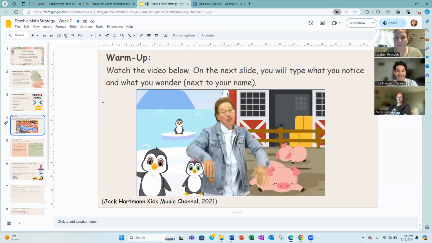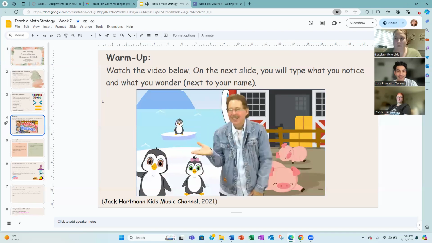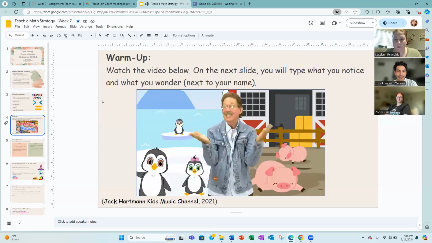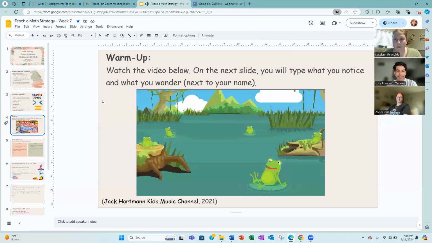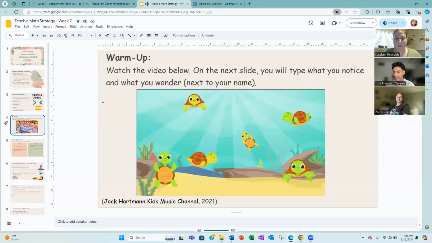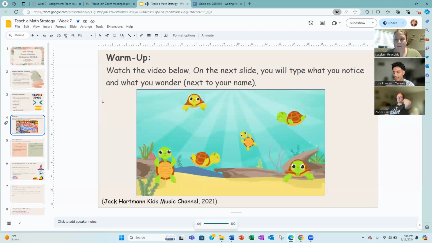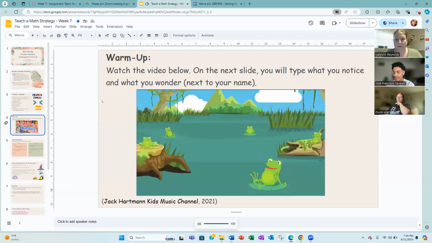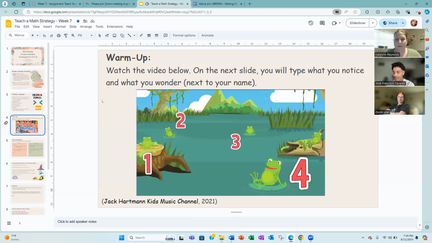Learn which group has less. Count your very best. You'll learn which group has more and which group has less. Here's a group of frogs hopping by the lake. And here's a group of turtles. Let's count the frogs right now. 1, 2, 3, 4, 5.